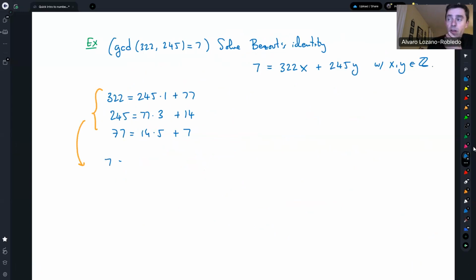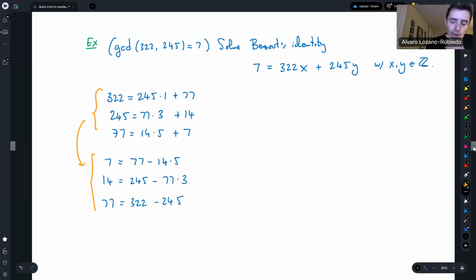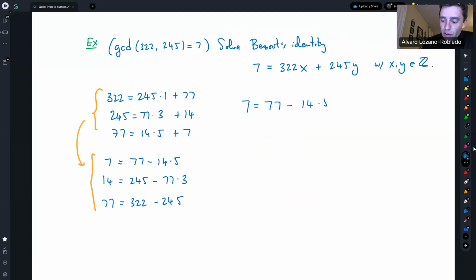So 7 is 77 minus 14 times 5, and 14 is 245 minus 77 times 3, and 77 is 322 minus 245. Okay. And now I'm going to start working to solve the equation. To solve Bezout's equation, I start with 7 is 77 minus 14 times 5. And now substitute 14 in terms of this 14. So use this equation to substitute 14 there.